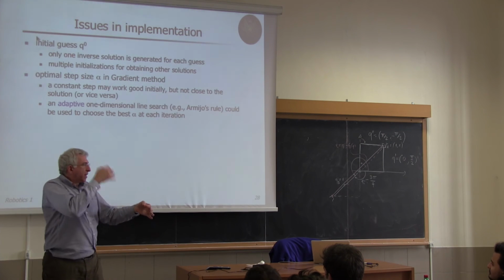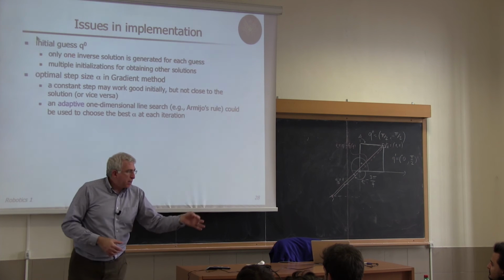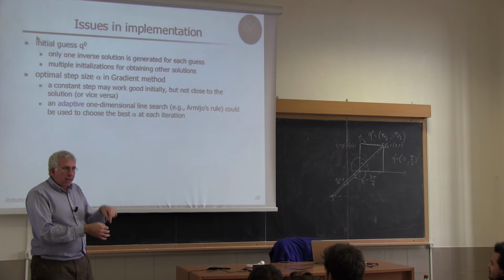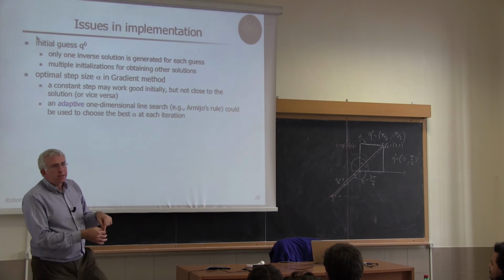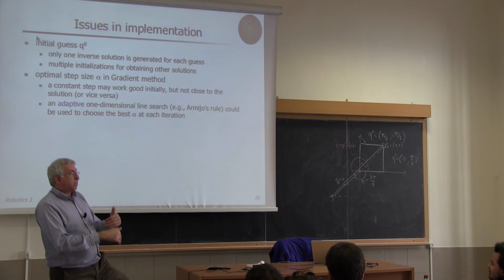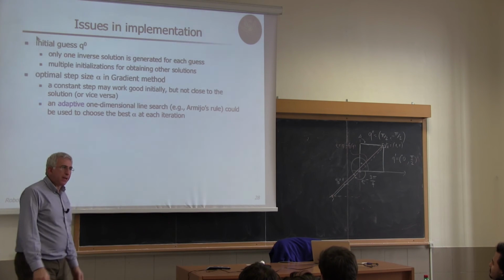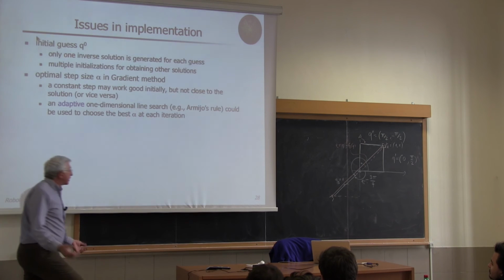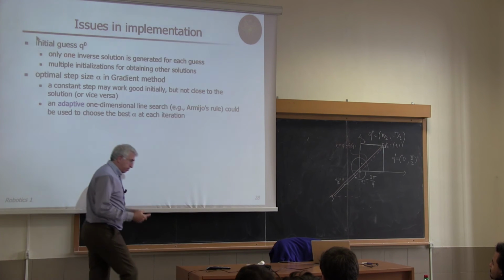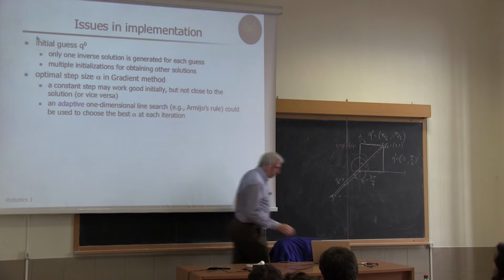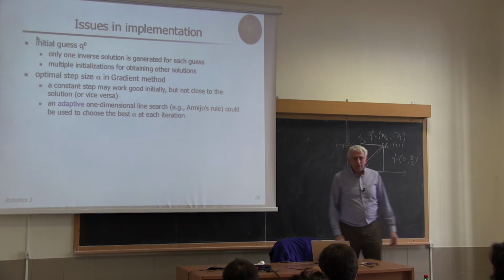If you're getting higher, then keep alpha. If you're getting lower, then alpha divided by 2 is better, so you divide it even more, and so on and so on. Okay? So a very, very simple rule that can be implemented at every step. Okay, and then you restart with the same adaptation at every step.